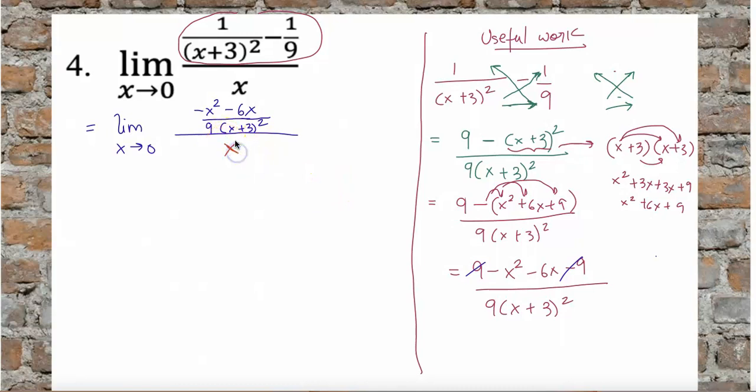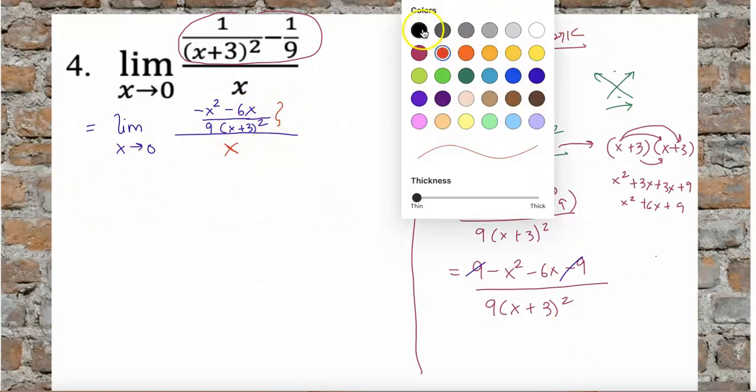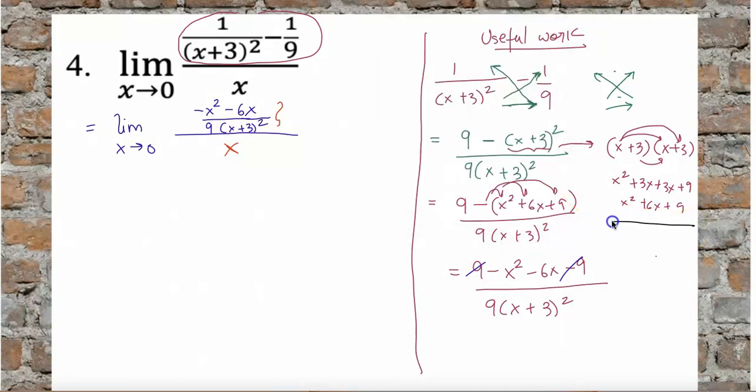Now, again, what is this concept? This whole fraction divided by this. Okay, I need some more steps, more space over here, so I will do this part over here. So this is mine. This whole numerator is divided by this, so it will look like this to you: negative x square minus 6x over 9 times x plus 3 whole square divided by what?